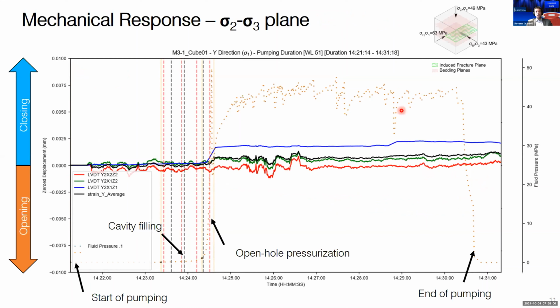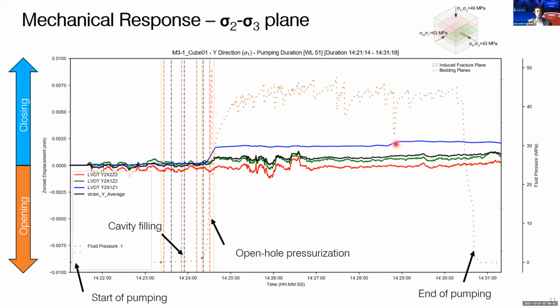Looking in a different direction, we noticed something even more puzzling in the data. Specifically, on the sigma 3, sigma 1, sigma 2 plane, the plane along the axis of the injection, only one sensor was responding, recording closure of the rock.